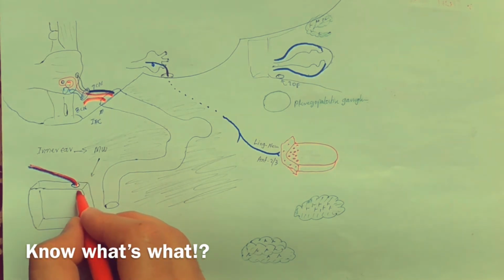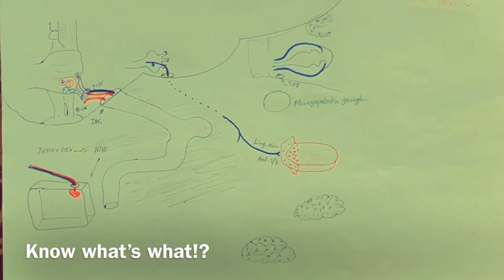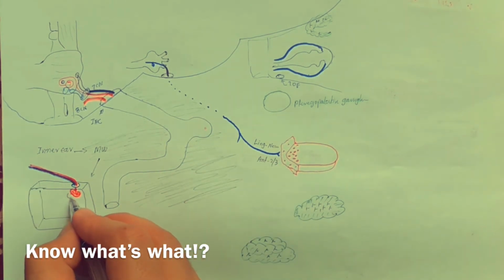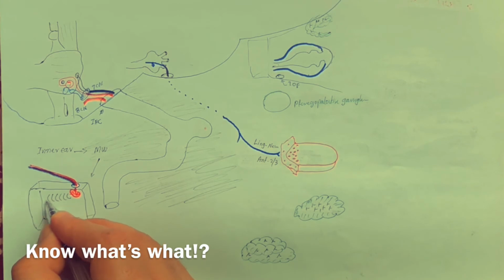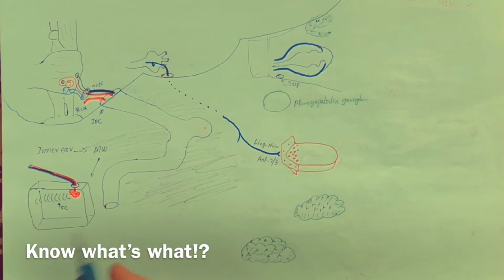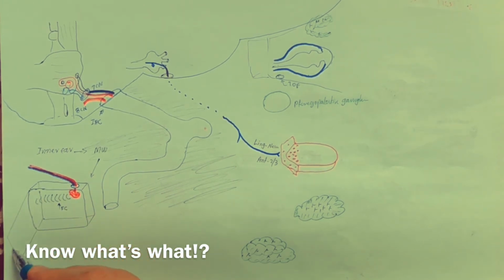So here is the geniculate ganglion, right? And here we will show the facial canal. This is the facial canal, and it goes back to reach the posterior wall. And this is the posterior wall.